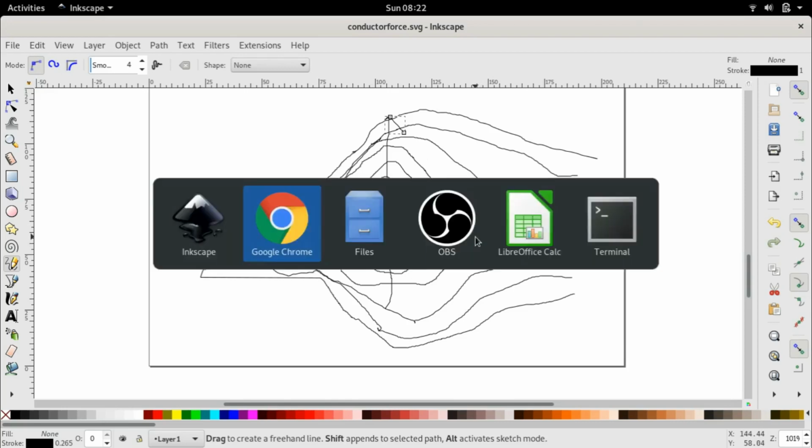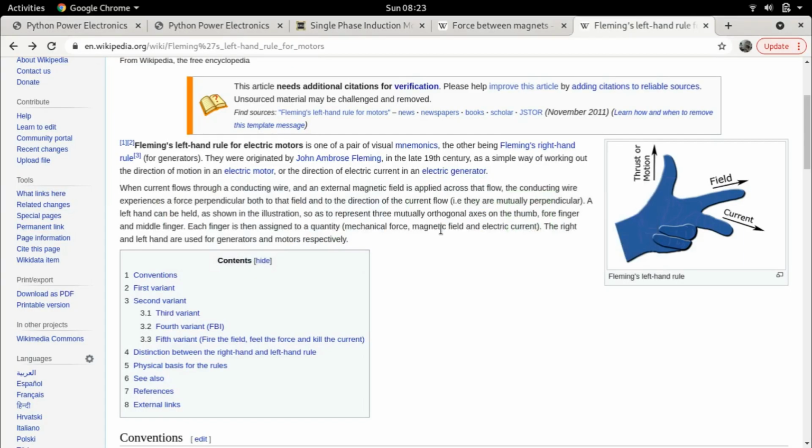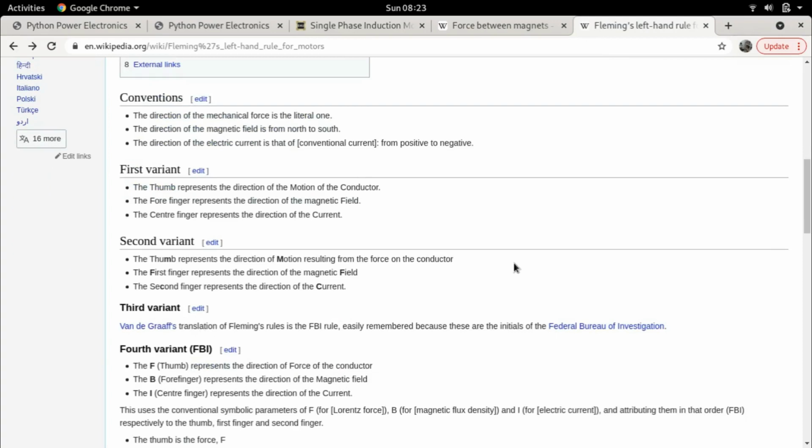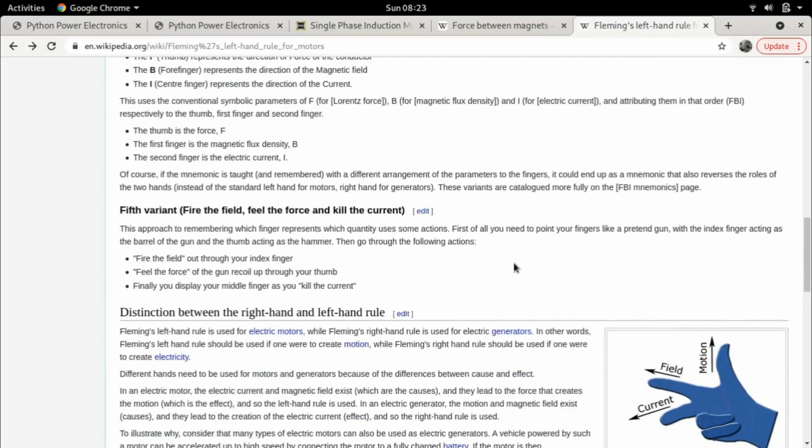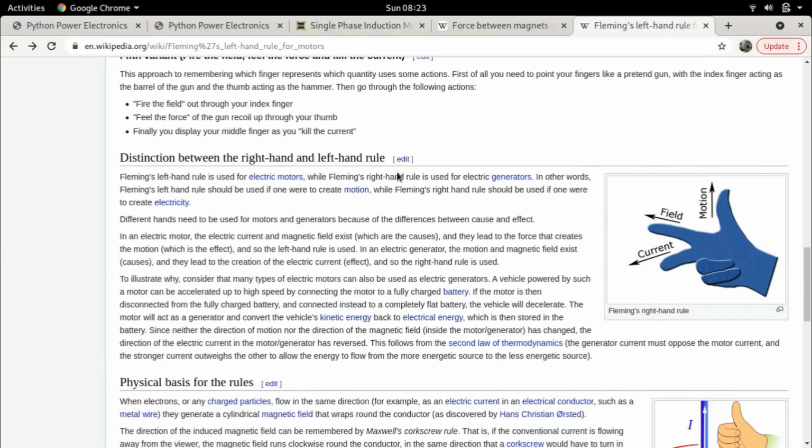So let's come back here, and we see here that we can now use this law, Fleming's left hand rule, for finding out the direction of the mechanical force, right? Now, very important to remember, do not use your right hand rule. The right hand rule, as you can see here, is for generators.